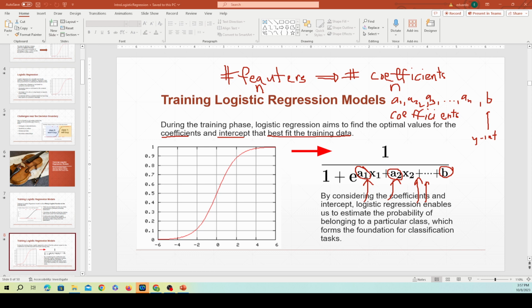By considering the coefficients and intercepts, logistic regression enables us to estimate the probability of belonging to a particular class, which forms the foundation of classification tests. Again, based on this function, we're going to be able to calculate the prediction, right? The probability of choosing the right classification. It's either one versus the other one. Okay.